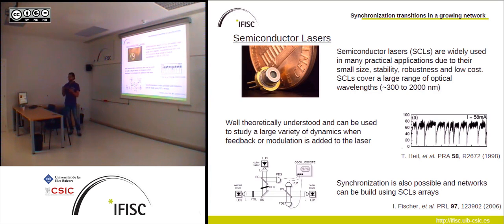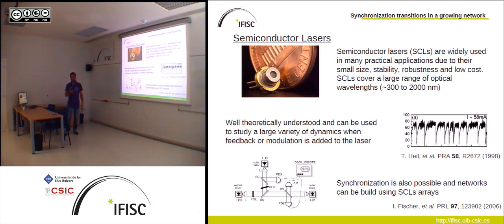But especially, and in our case, we are interested in using semiconductor lasers because they can be synchronized, and this synchronization is possible using several of these semiconductor lasers. For example, in this case, I show an example of 3 coupled lasers in a chain, with a central laser in the middle and 2 lasers in each side.